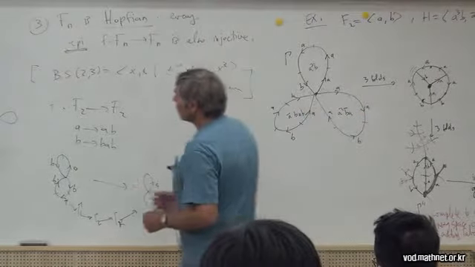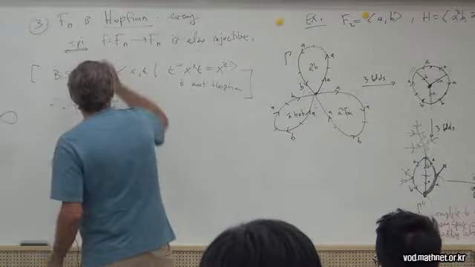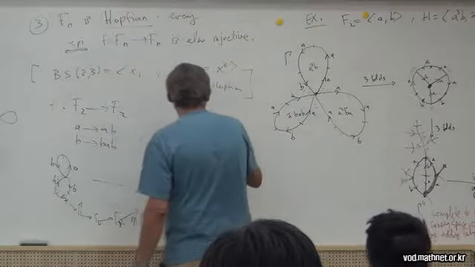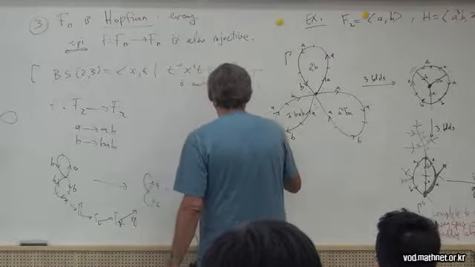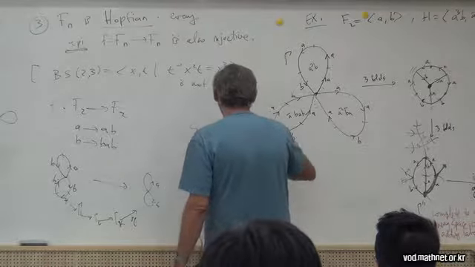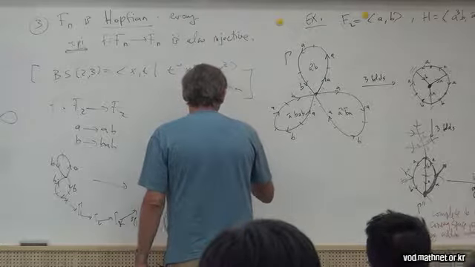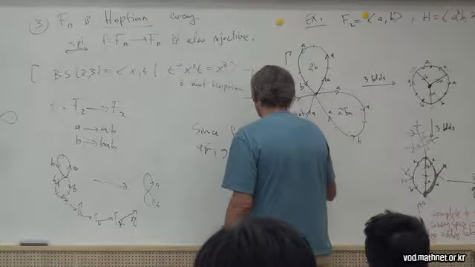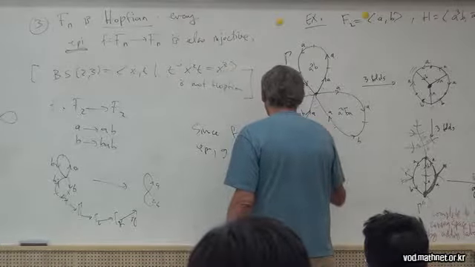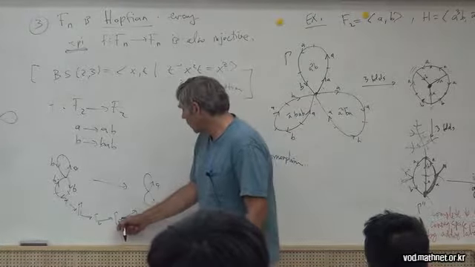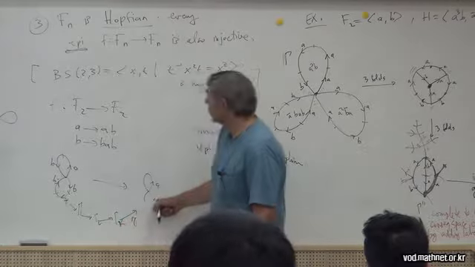So as a consequence of the assumption, let's call this G. Since f is epi, G is a homeomorphism. That means that the rank of gamma k is equal to n.